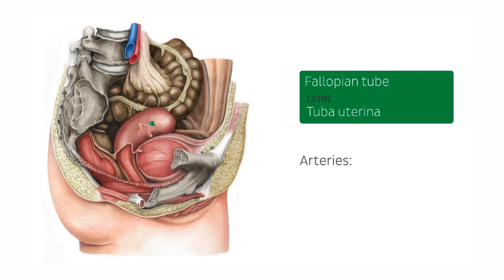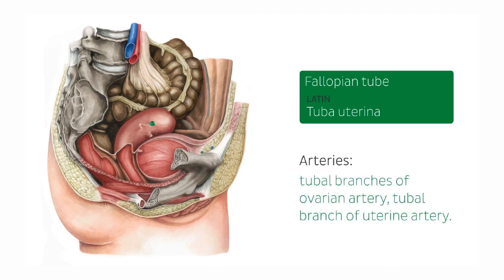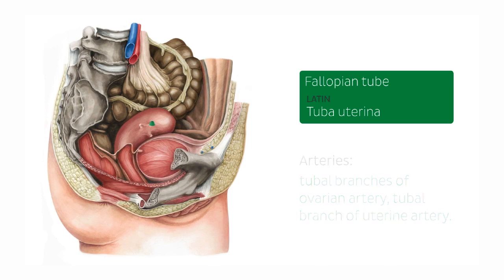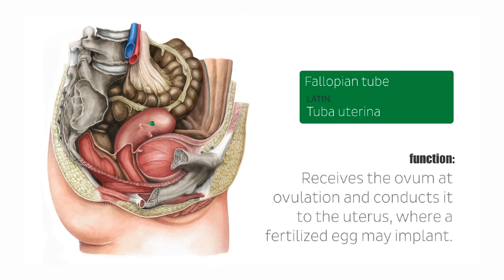There are a few arteries that are associated to the fallopian tubes, including the tubal branches of the ovarian artery and the tubal branch of the uterine artery. There is also a main role, or a function, associated to the fallopian tubes, and these tubes receive the ovum at ovulation and conduct it to the uterus where a fertilized egg may implant.